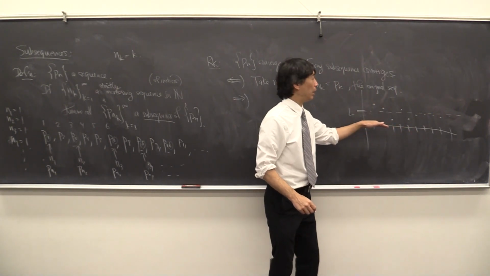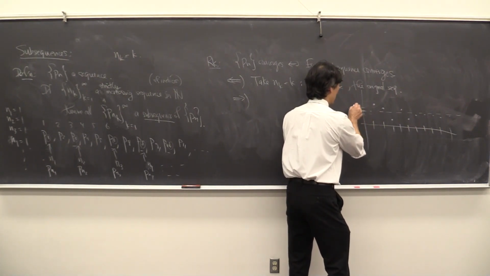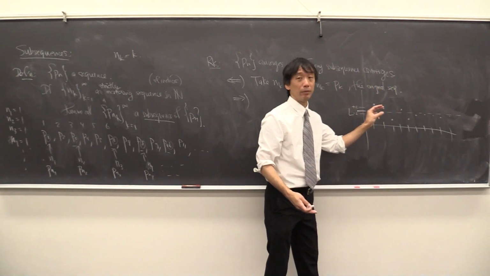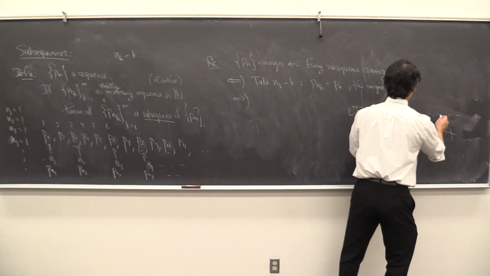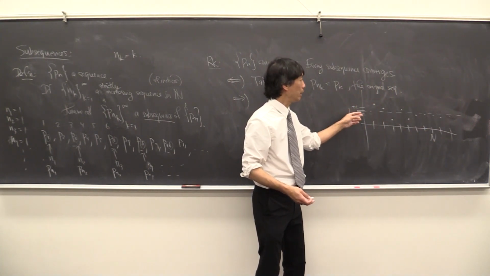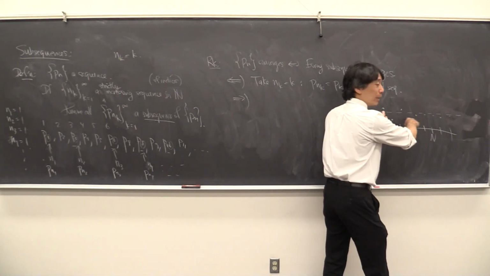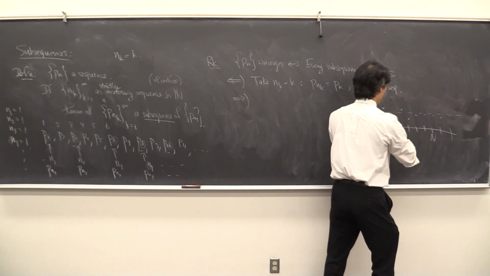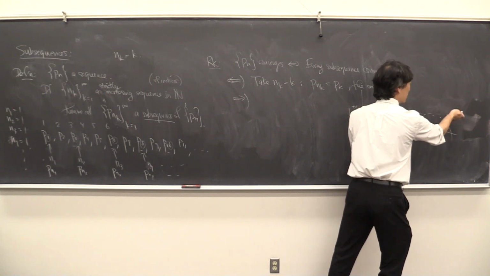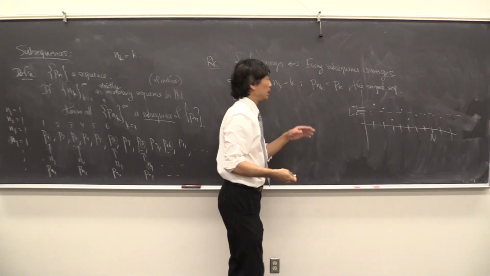It means, more precisely, that given any tolerance, there's a time past which everybody lies in the tolerance. Okay, well, if I've got a subsequence, that's still going to eventually exceed this point here, and then past that point, everybody in my subsequence will satisfy the tolerance. So that's basically the proof.